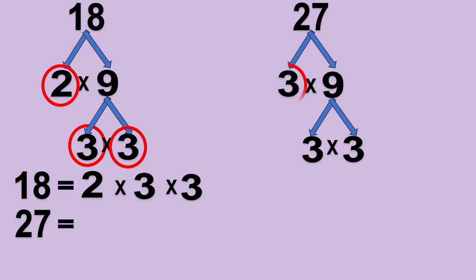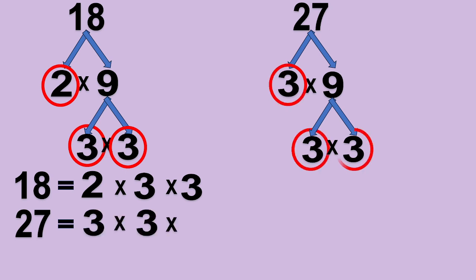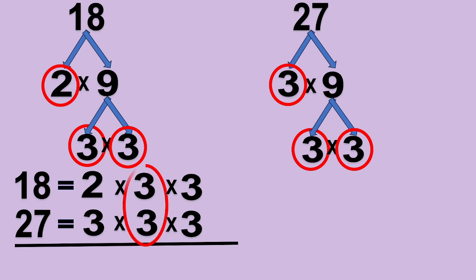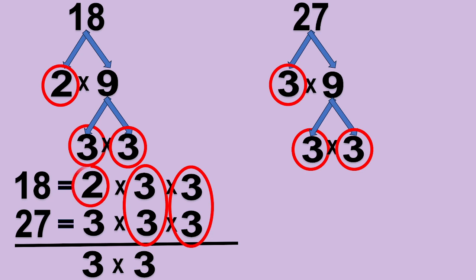We have 3, 3, and 3. Now, write the common prime factors of 18 and 27. We have 3 and 3. Then, copy the remaining uncommon prime factors of 18 and 27. We have 2 and 3.